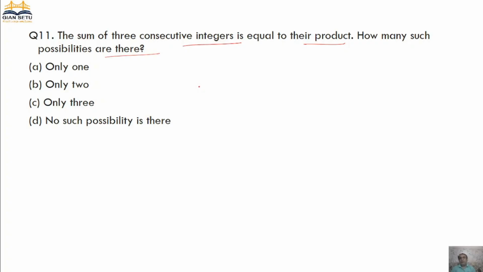Now suppose three consecutive integers are x minus 1, x, and x plus 1. According to the question, their sum is equal to their product. Now x minus 1 plus x plus x plus 1 is equal to x minus 1 into x into x plus 1.